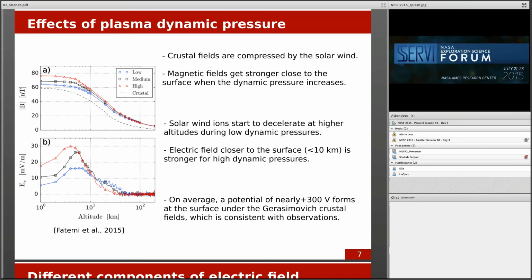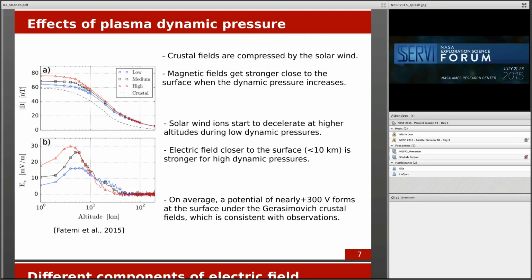The top panel shows the average magnetic field strength and compares the results for low, medium, and high dynamic pressure. Undisturbed crustal field strengths are shown by dashed lines for reference. We see that the crustal fields are compressed and disturbed by the solar wind as a function of distance from the surface. The magnetic fields get stronger close to the surface when the dynamic pressure increases.